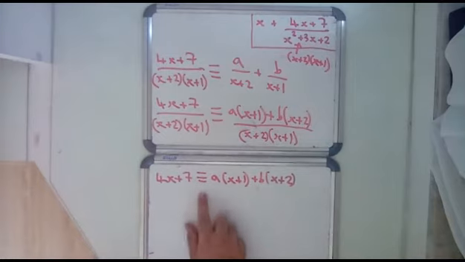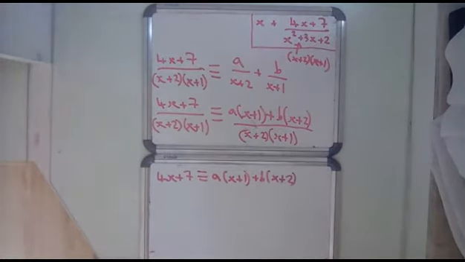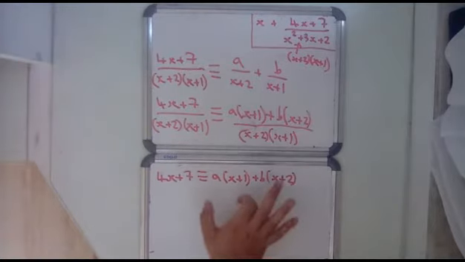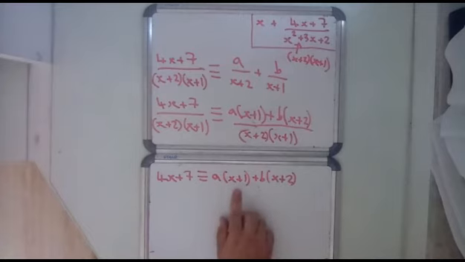Remember, this identity symbol means it works for every value of x, so we can substitute useful values of x, whatever takes out the term. So minus 1 is going to be really useful for getting rid of A, and minus 2 is going to be really useful for getting rid of B.